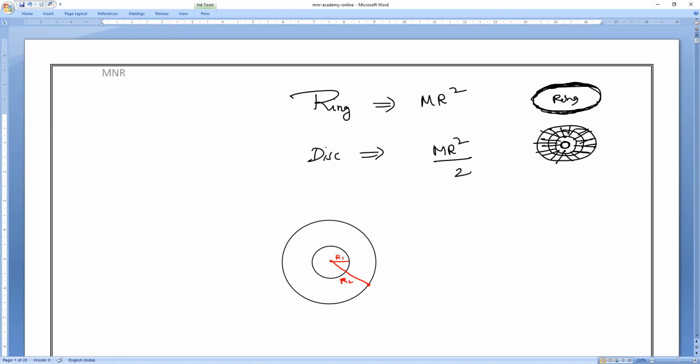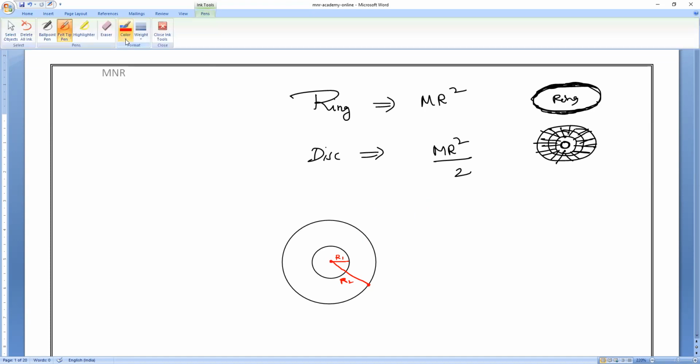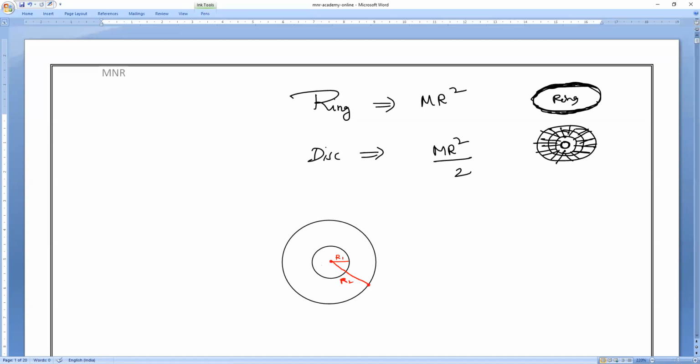Now this is the COM. What do you mean by COM? The center of mass is located at the middle. Now you can see, from here to here it's hollow, but from here to here it has mass, that is M. What is the mass of the body?